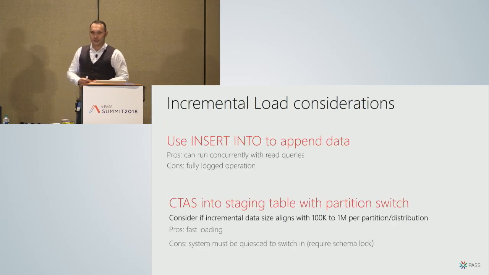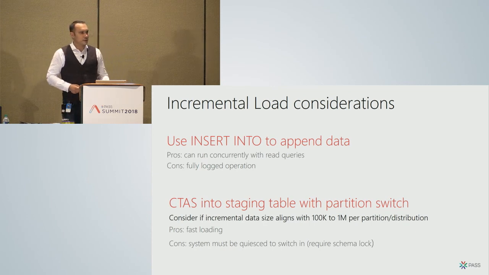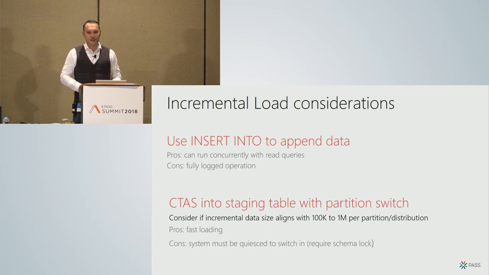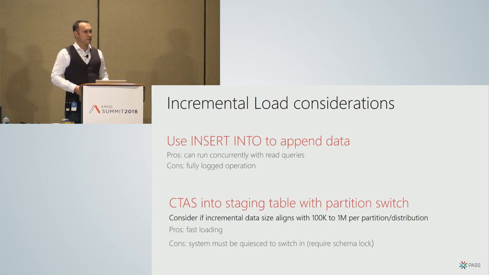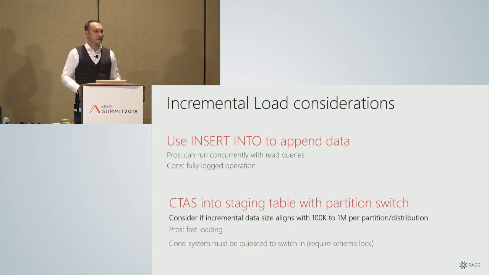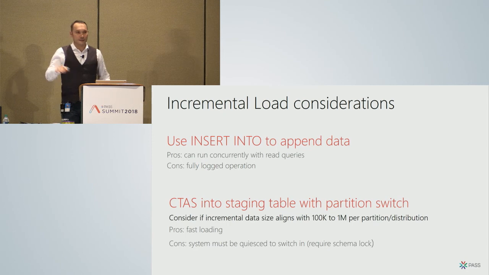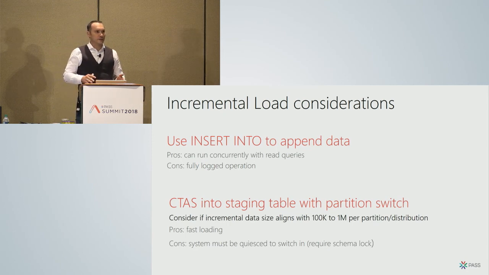Then incremental load. There are situations where you cannot do CTAS simply, right? So you need to load a couple of rows or a couple of million rows, and they are so sparse, separated across multiple partitions or whatsoever, that you cannot use a batch, quote unquote, operation.